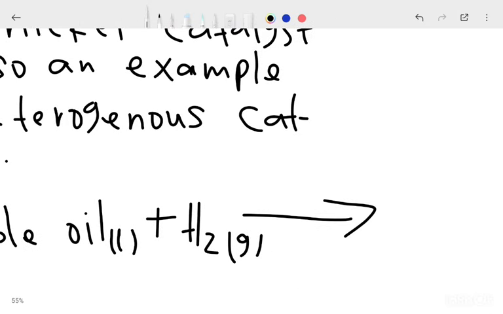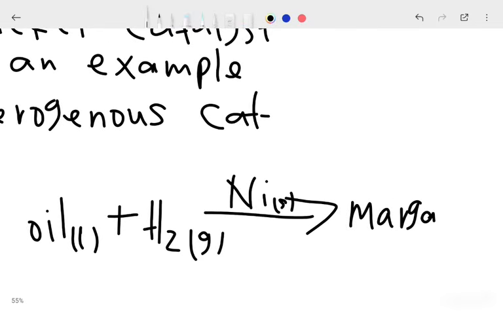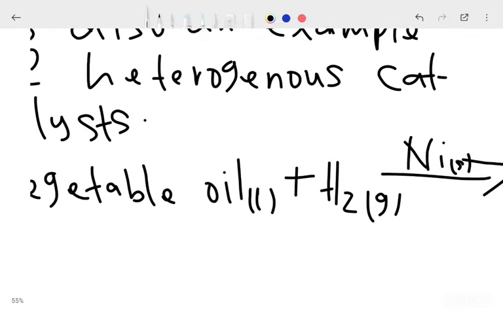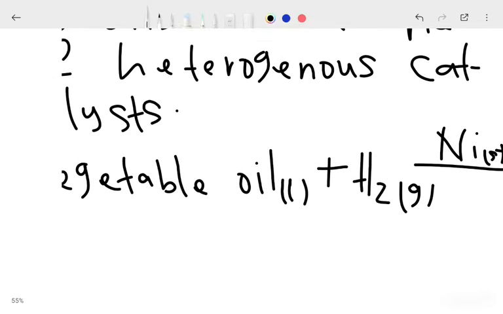Then we say nickel, which is Ni, which is solid, to form what? Margarine, which is solid. If you are confused, the meaning of margarine is just a processed butter, used for spreading or baking and cooking.